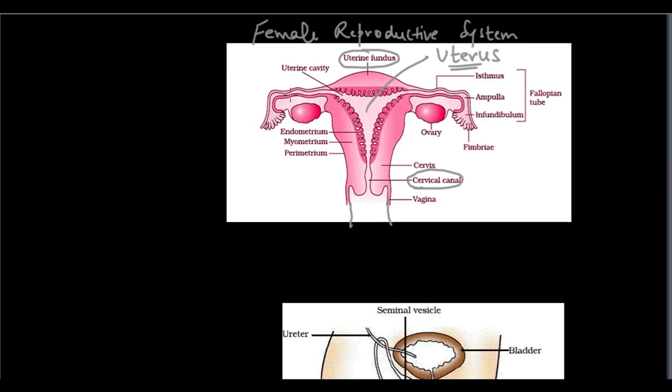Next, we have the two fallopian tubes. This is known as a fallopian tube, and there is another name for the fallopian tube. It is also called the oviduct. So both of them are fallopian tubes. There are two fallopian tubes, and they have a curve.